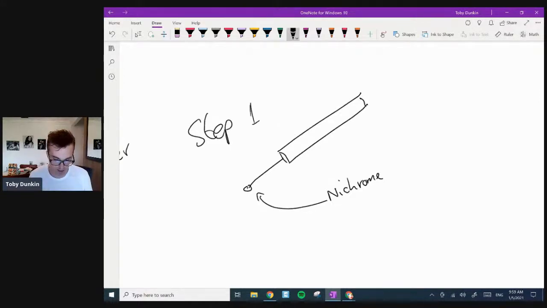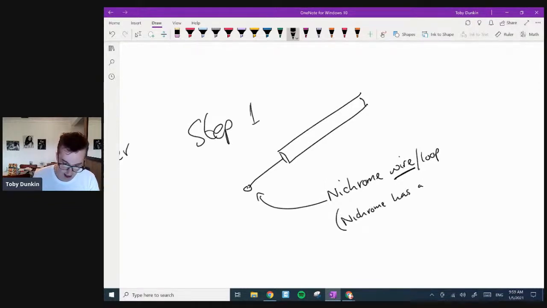The reason why we use nichrome wire, or nichrome loop as it's sometimes said, though nichrome wire is better, I prefer that for chemistry, is that nichrome has a high melting point and is very unreactive.